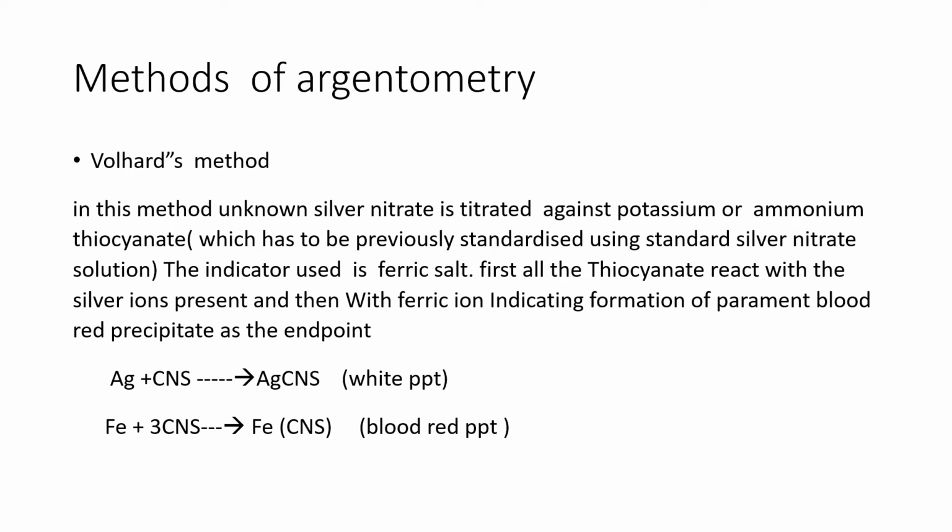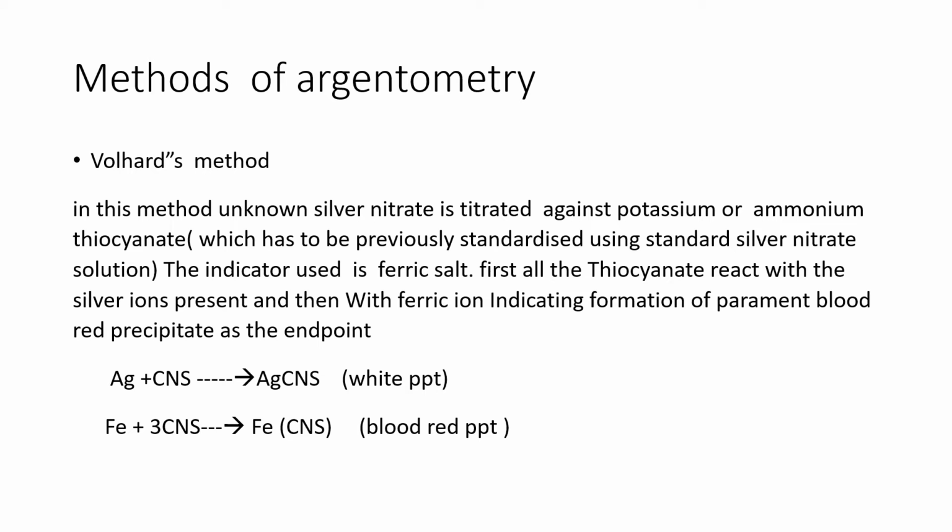Next, Volhard's method. In this method, unknown silver nitrate is titrated against potassium or ammonium thiocyanate. The indicator used here is a ferric salt.